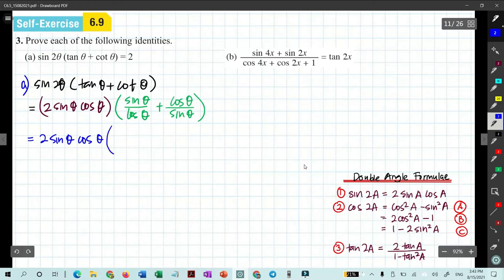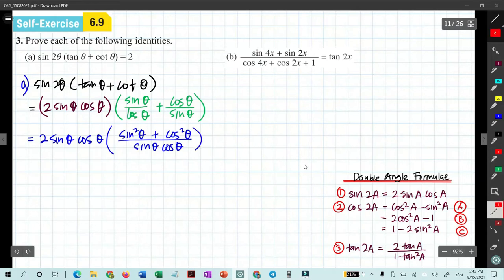Okay, if you expand this section, you will get sine square theta plus cos square theta over sine theta cos theta.